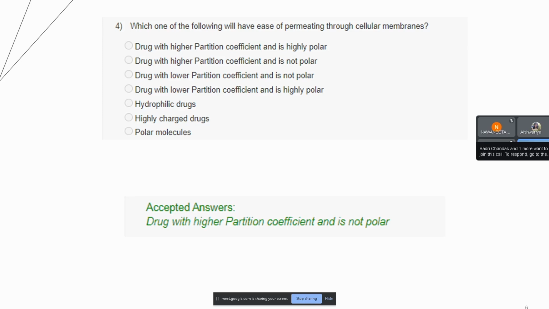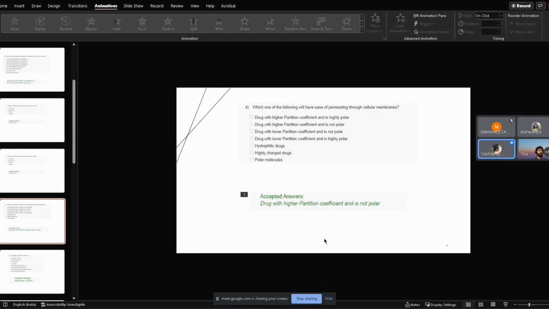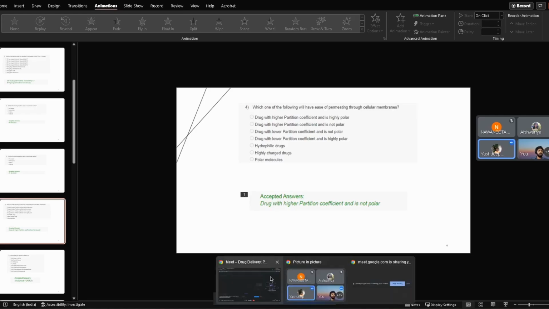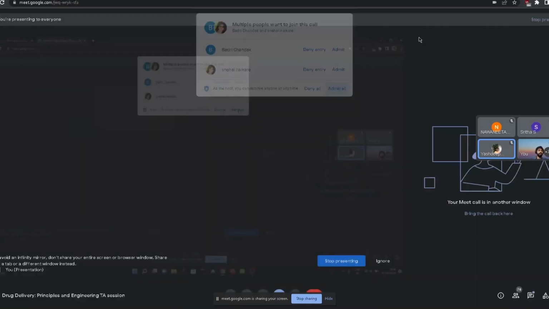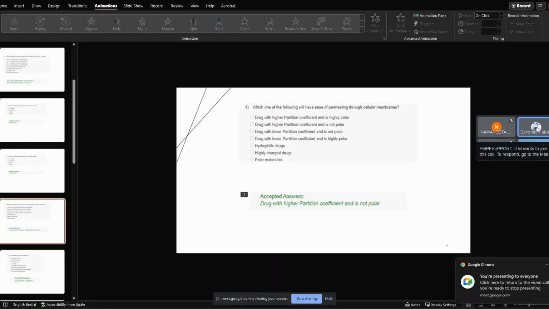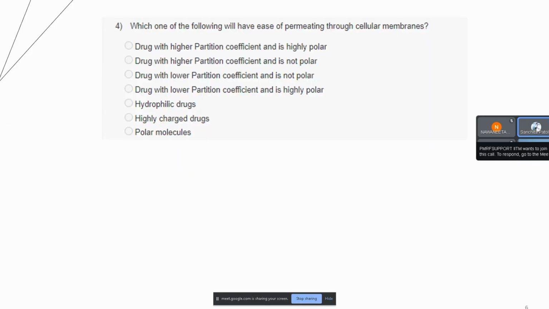The higher the partition coefficient, the more lipid soluble it is. Correct, it is directly proportional to the lipid solubility of the drug to pass through the lipid bilayer membrane of the cell. 100% correct.